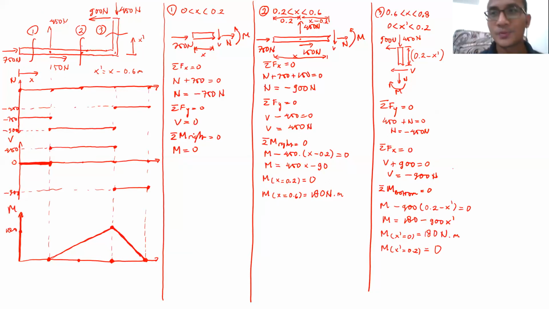So if we use x, here is x equal to 0, here is x equal to 0.2 meters, here is x equal to 0.4 meters, here is x equal to 0.6 meters, here is x equal to 0.8 meters.